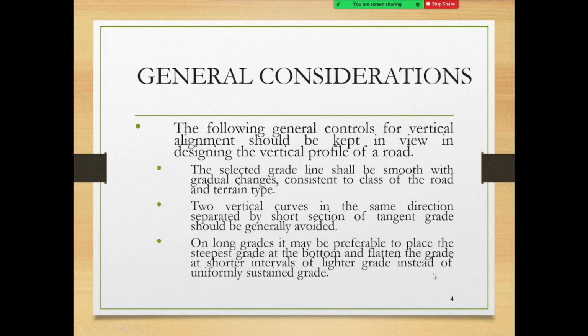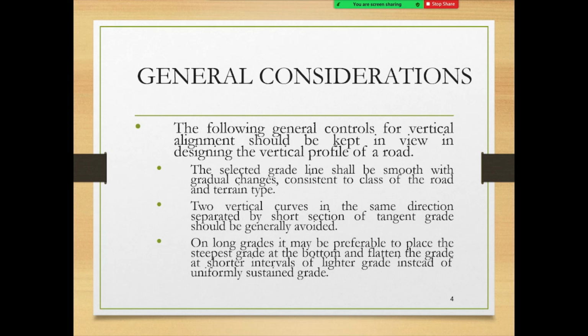First of all, we'll discuss some of the general considerations of vertical alignment. The following general controls for vertical alignment should be kept in view in designing the vertical profile of a road. The selected grade line shall be smooth with gradual changes consistent with the class of the road and terrain type. What is this consistency with class of the road and terrain type? Now you know we have three terrain types. What are they? Flat, rolling and mountain.